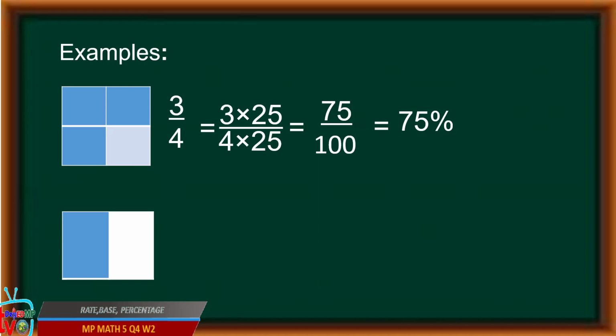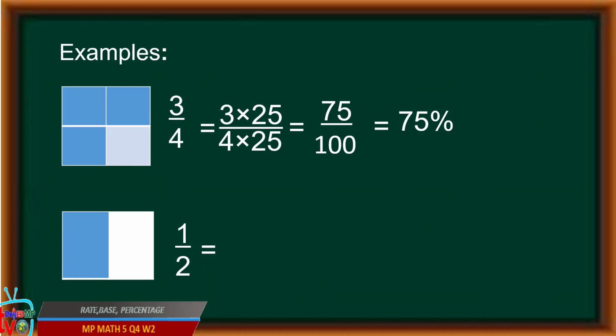Another example: a whole was divided into 2 equal parts. 1 part was shaded, so we have 1/2. Since the whole is equivalent to 100 and it was divided into 2, each part should have 50. Now we're going to multiply both numerator and denominator by 50.